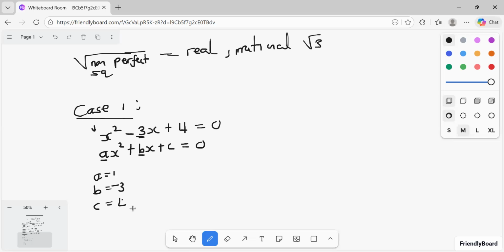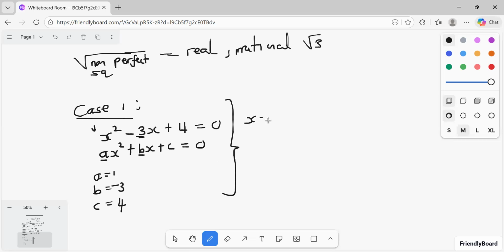Okay, so after doing this, what am I going to do? I'm going to impute the values of a, b, c into the quadratic formula. I'm going to rewrite the quadratic formula, which you must know by head if you are a student that I teach.